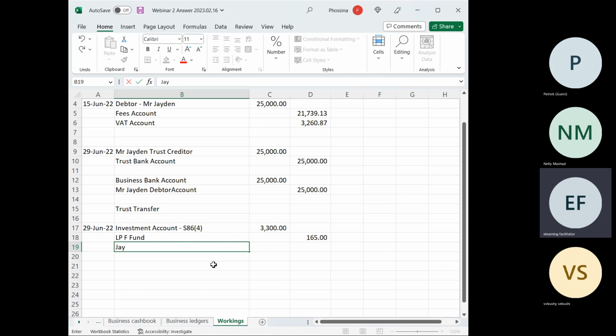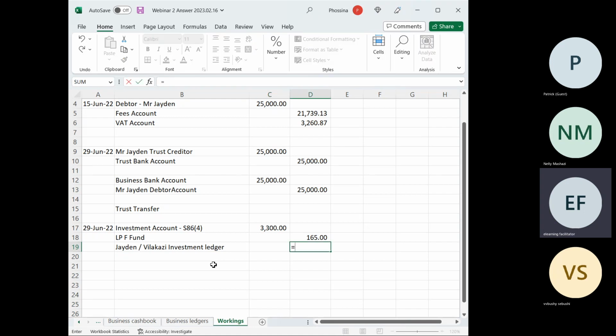So in this case, it's going to go to Jayden Vilakazi, though it's money for Mrs. Vilakazi. Investment ledger.